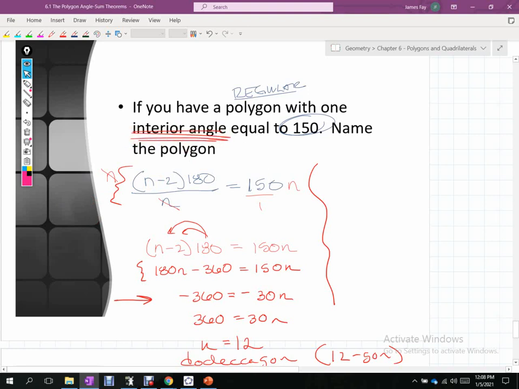An indirect method would be to use the exterior angle. If I know this is a regular polygon, and I don't know the number of sides yet, starting this problem fresh, I know that one interior angle is 150.